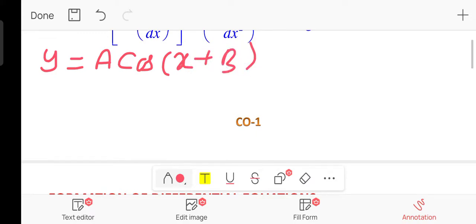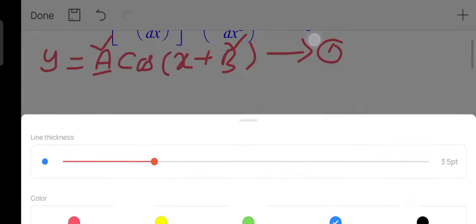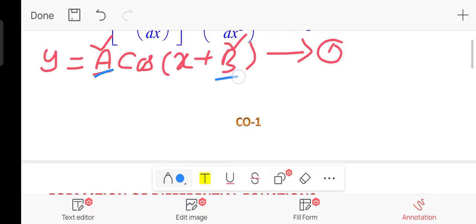Take it as equation number 1. Now the first step is to check the arbitrary constants in it. So here the arbitrary constants are clearly a and b.